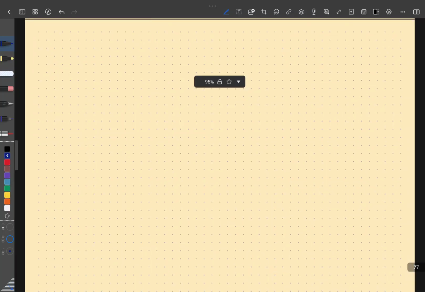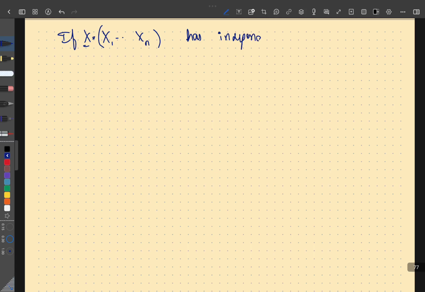So this immediately gives us a concentration bound for the norm square of a Gaussian random variable or any sub-Gaussian random variable. So let's say x1 through xn, let me call this the random vector x, has independent subgaussian components.